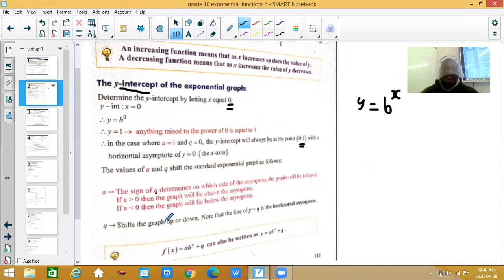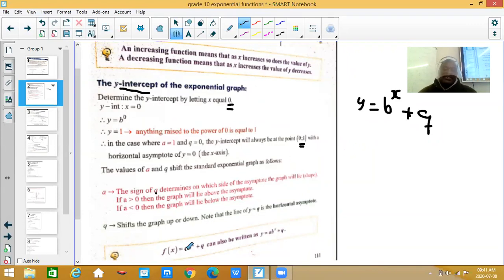q shifts the graph up or down. Like in this case, we have got a plus q. If q is positive, the graph will move positive along the y-axis. If it is negative, it will shift downwards along the y-axis, just like we did with the quadratic function and the hyperbola.